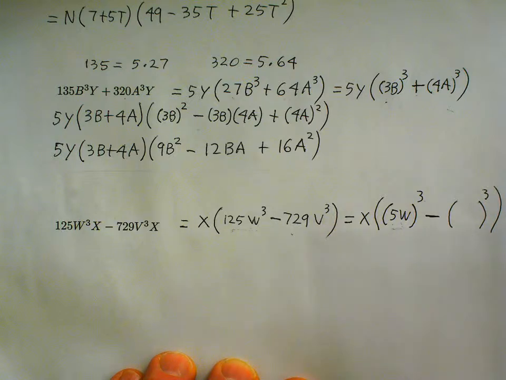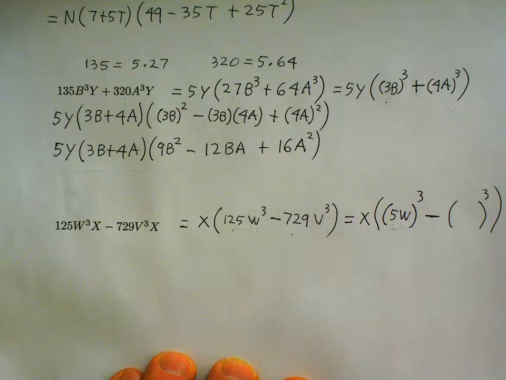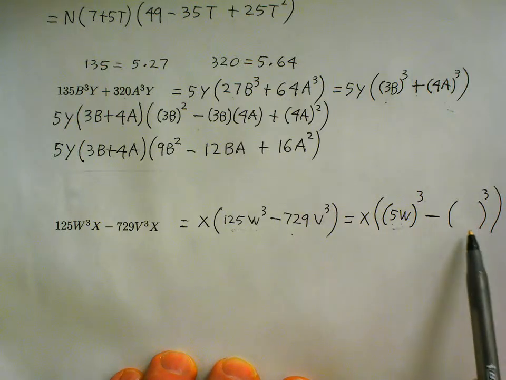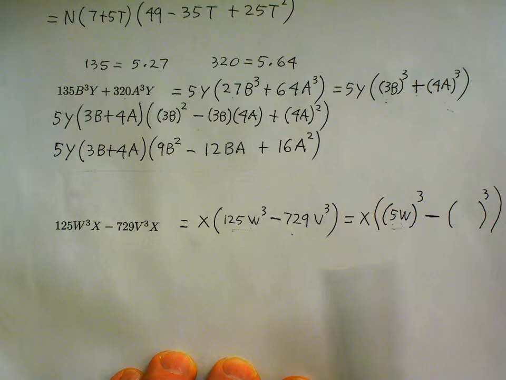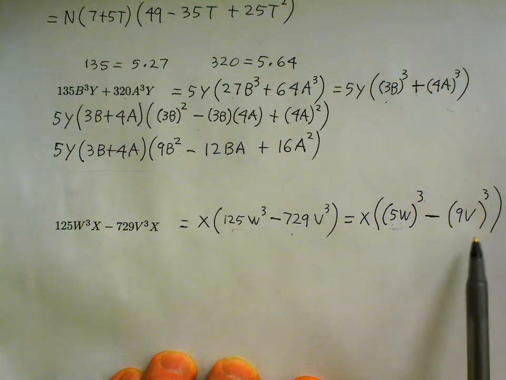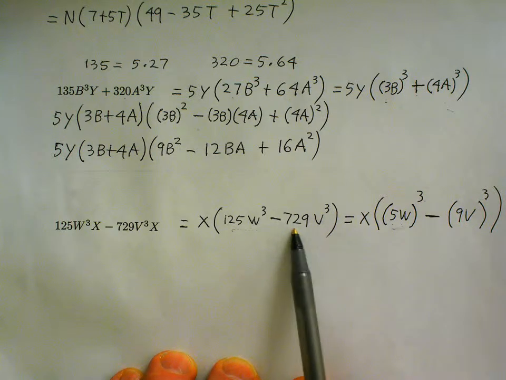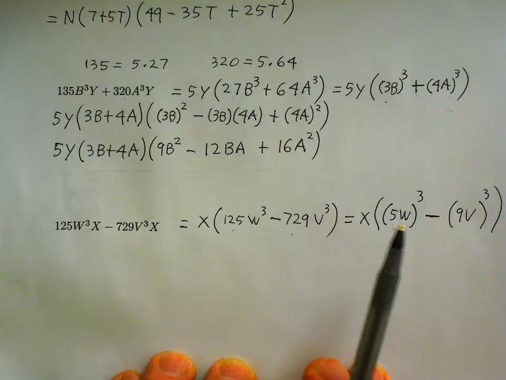What do we raise to the third power to get 729v to the third? 9v. 9v times 9v times 9v is 729v to the third.